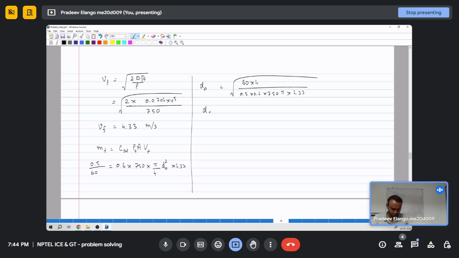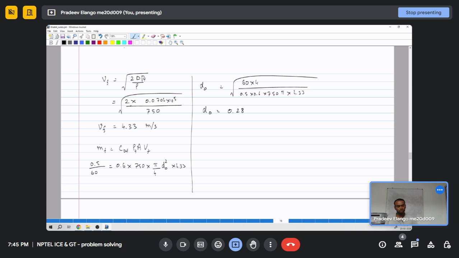Can you calculate the diameter? So 0.28.